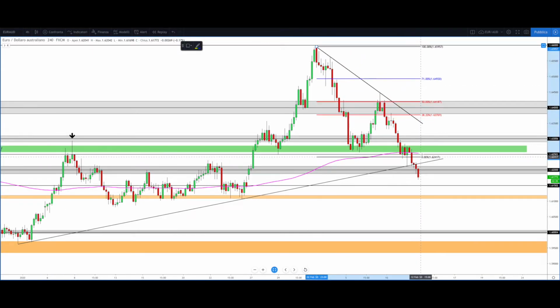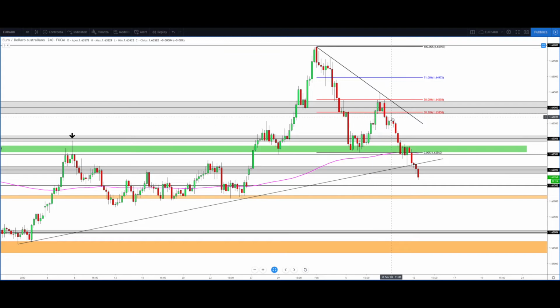Because using here Fibonacci from the beginning of this last bearish phase, we can see that the price perfectly touching these two Fibonacci retracement 38.20 and 50, failed to go higher, and from this point start a strong bearish movement here.